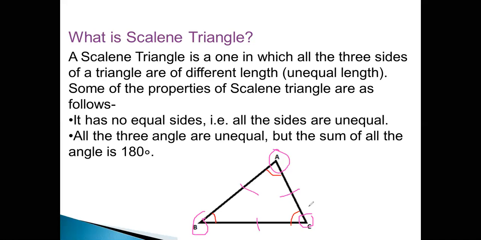So what do we conclude here? In every scalene triangle, the sides are different from each other. In other words, if in one triangle all the sides or all the line segments are different, then we will say this is a scalene triangle.